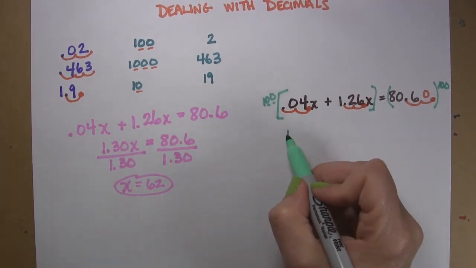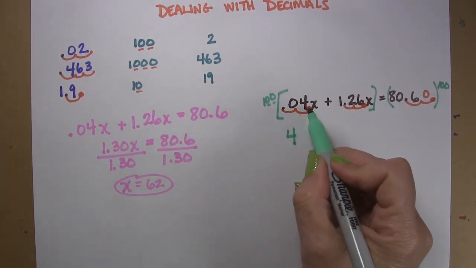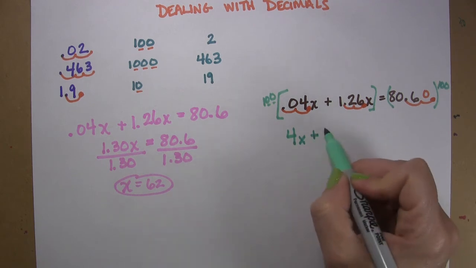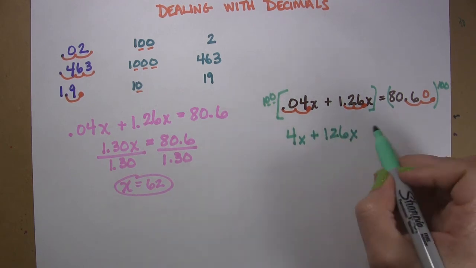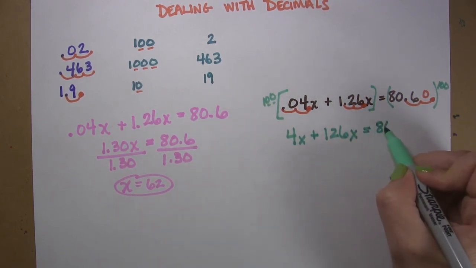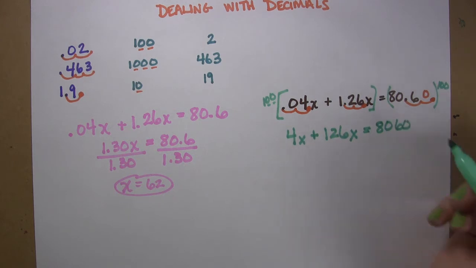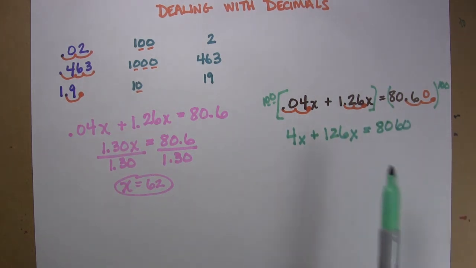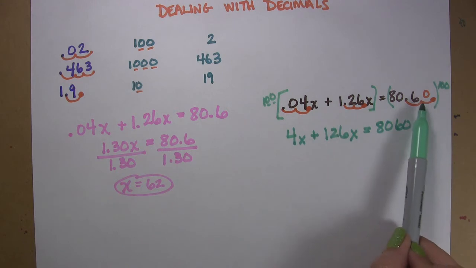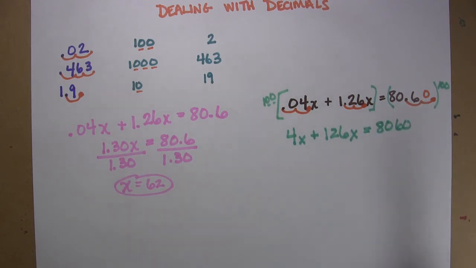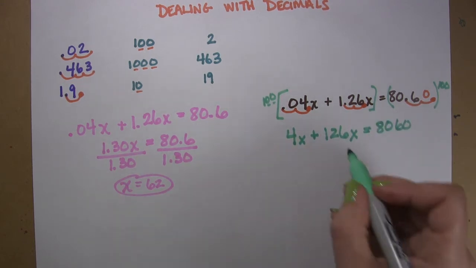So now I have 4x, because I moved it 2, plus 126x equals 8,060. That's my new equation after I multiply both sides, or every term, by 100.